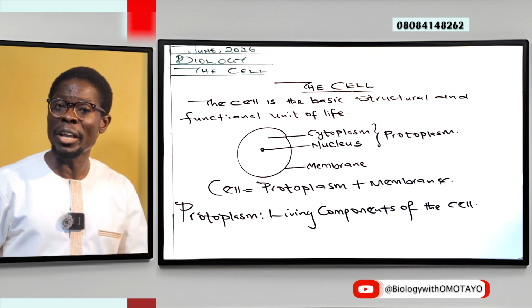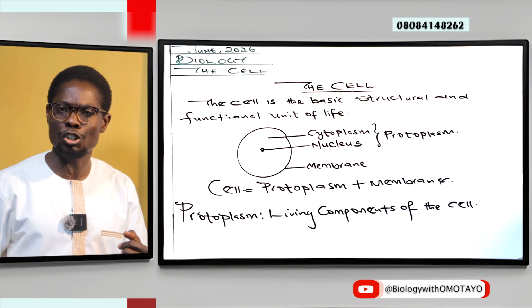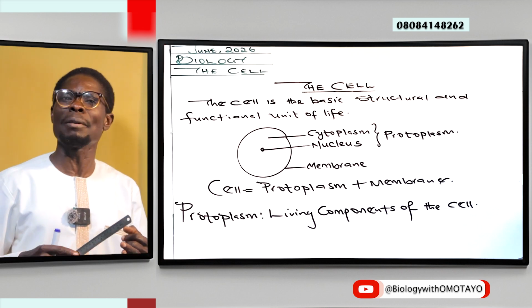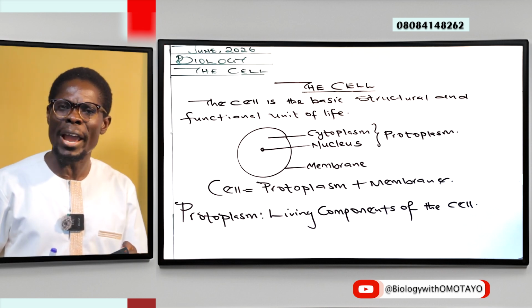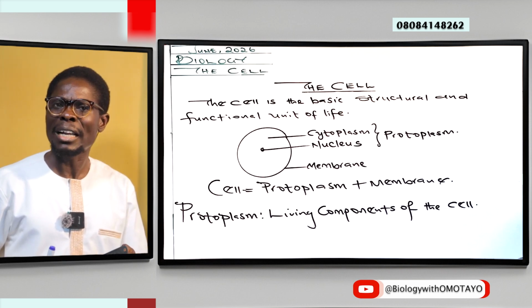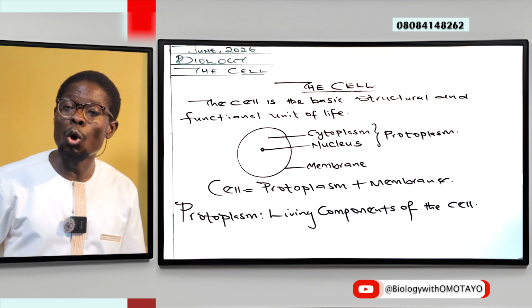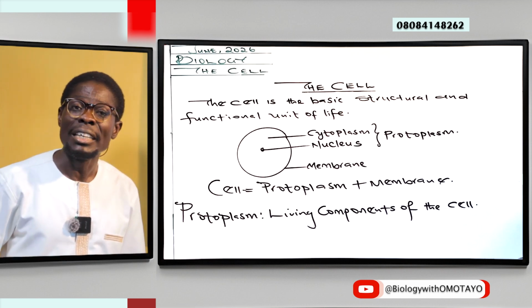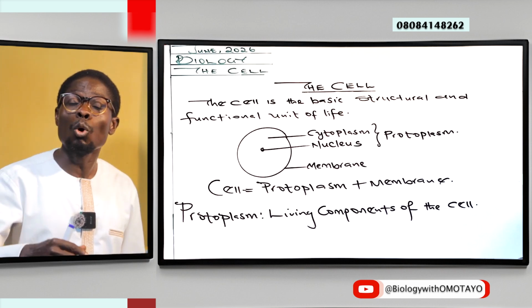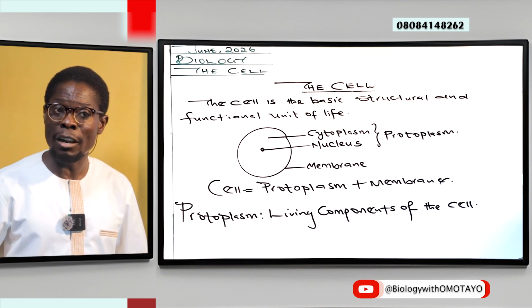Earlier, we said for a thing to be termed living, there must be organized structure. For it to be termed living, there must be demand for energy with which metabolic activities are carried out. We said for a thing to equally be tagged as living, it must have the ability to transmit genetic material, among several other things.